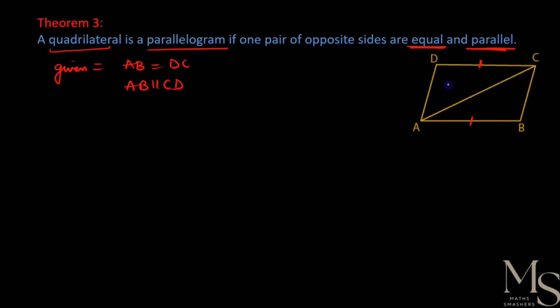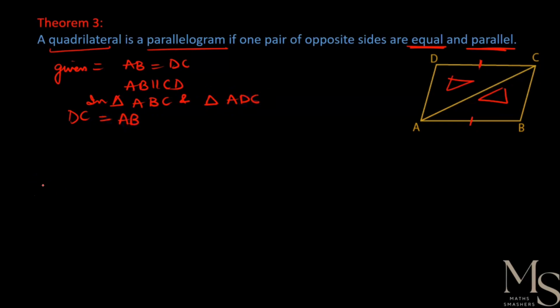So we will take these two triangles. As we know that in triangle ABC and triangle ADC, DC is equal to AB. It is already given.